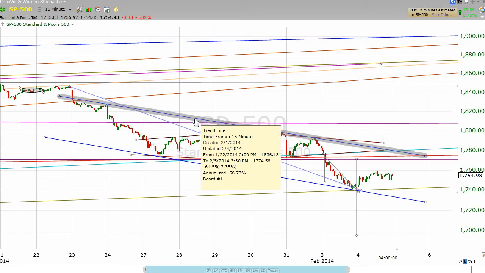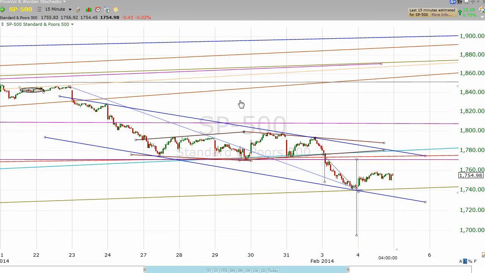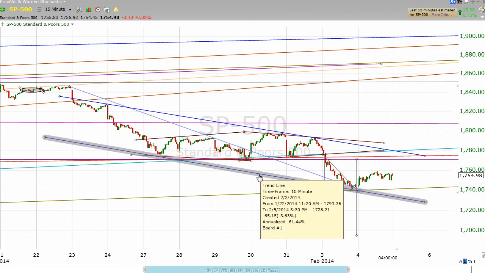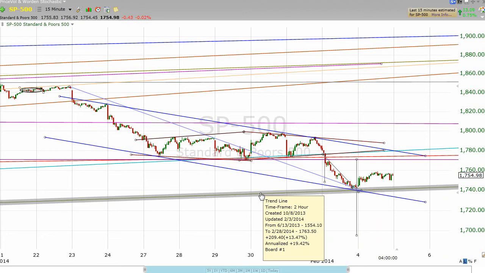We've seen the markets have this real tendency to trade in parallel channels, and this line really was speculative, just like this line was speculative.